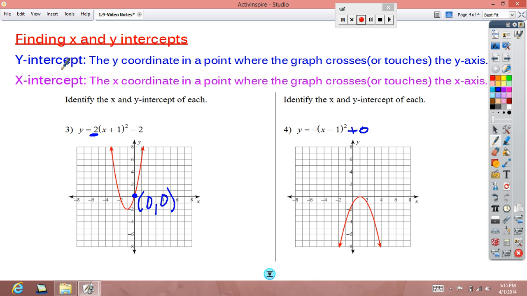And so my y-intercept is the y-coordinate of that. And so my y-intercept is 0. Okay? My x-intercept is the x-coordinate where it crosses the x-axis. So this 0 is also where it crosses the x-axis, right?